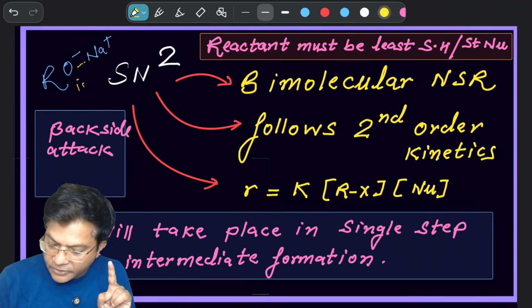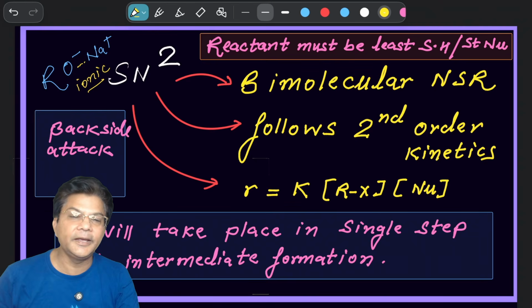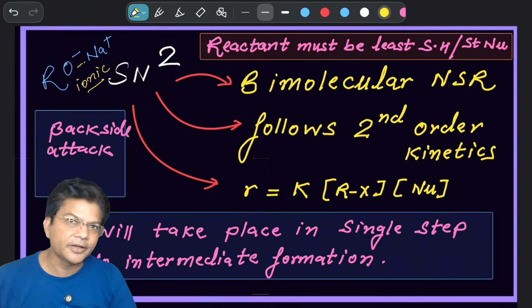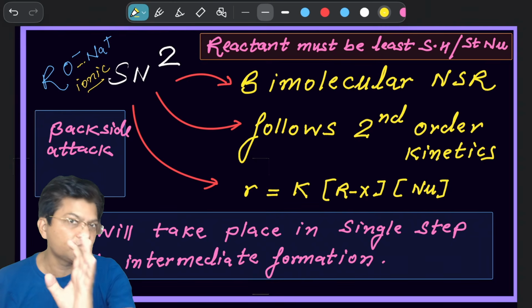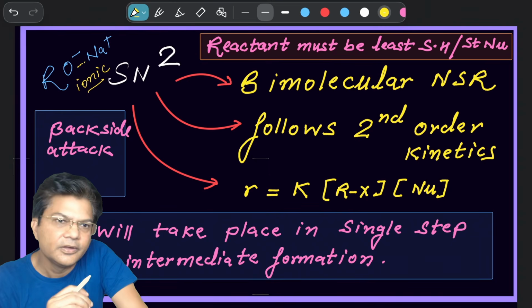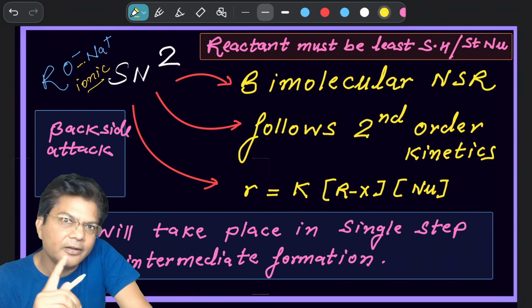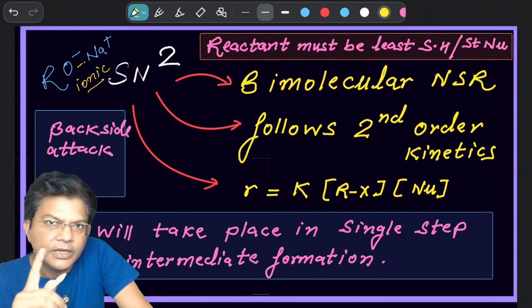Then RONa can be written over there, or ROK can be written over there. Then this is going to be strong. One point is very much clear: a strong nucleophile will do SN2, a strong base will do E2.